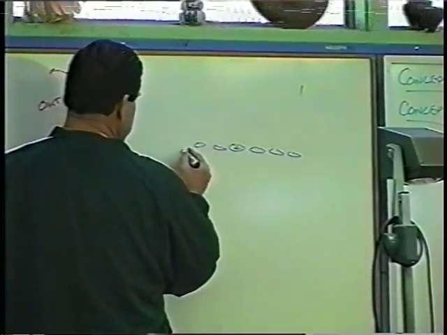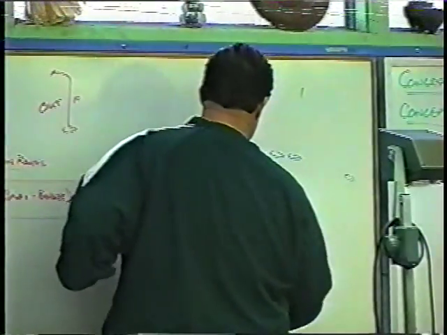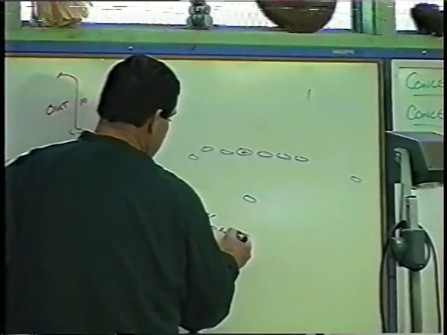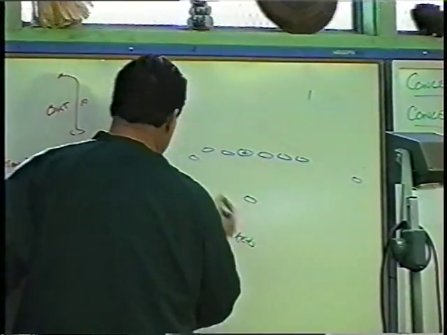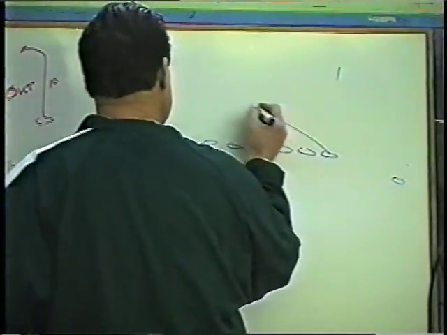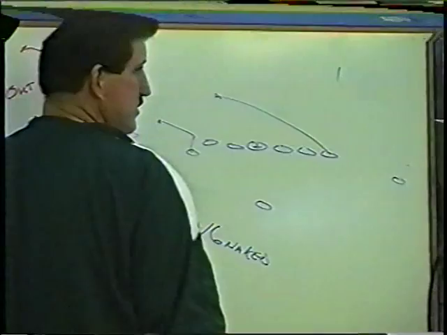So if we do like this, let's say we run outside zone, we call it 16, negative. And here's what will happen. Go route, 4 to 6 right there, 1 to 2 right there.